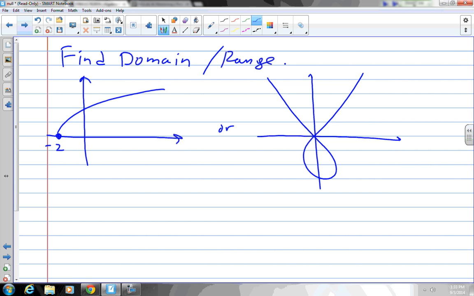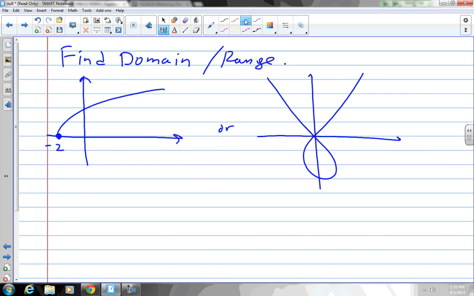Now, what separates a function from just a general relation? What you do not want to see with functions. You don't want to see the same x value corresponding to different y values.